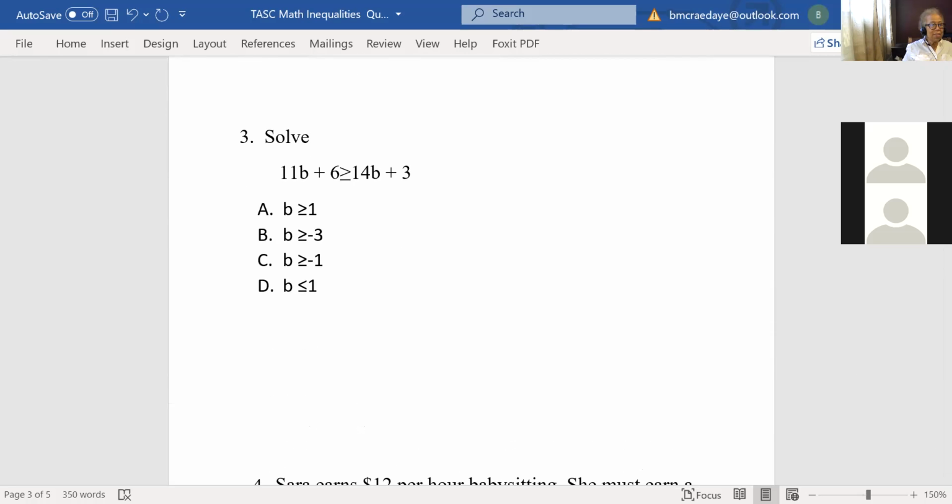This inequality. How do we solve for B? What do we do first? Well, actually, it varies what you do first. Remember, you're looking for B, right? So what would be your first operation?